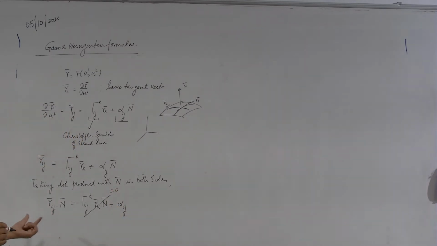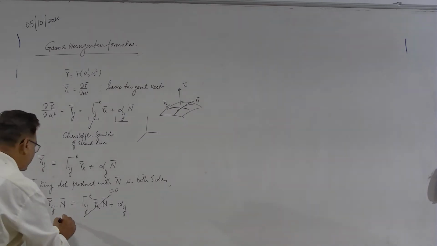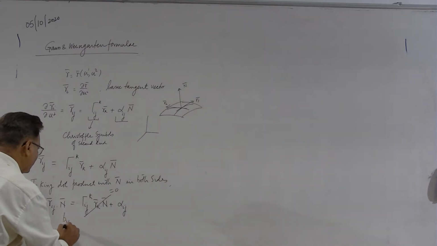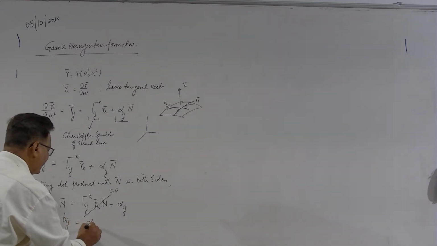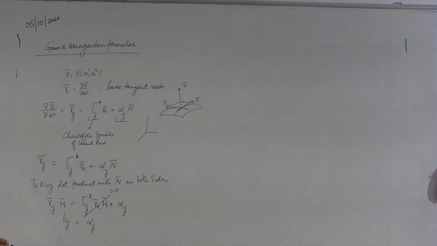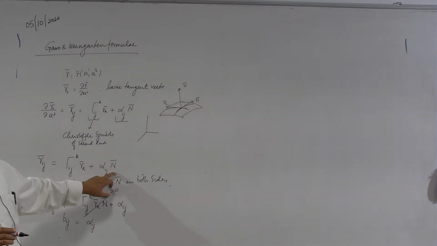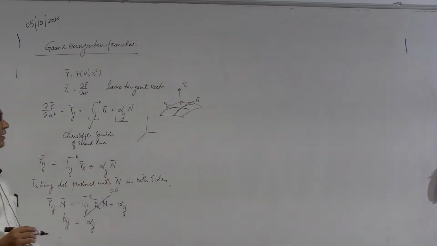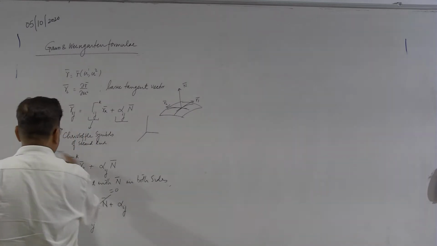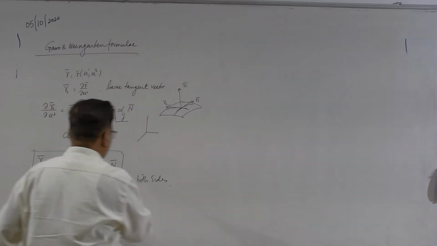Look at the left side, R_ij dot n. We know already it is the coefficient of the second fundamental form. So, the left side is simply B_ij and the right side is alpha_ij. So, you have determined these unknown scalars alpha_ij. These coefficients of n are nothing but the coefficients of the second fundamental form.